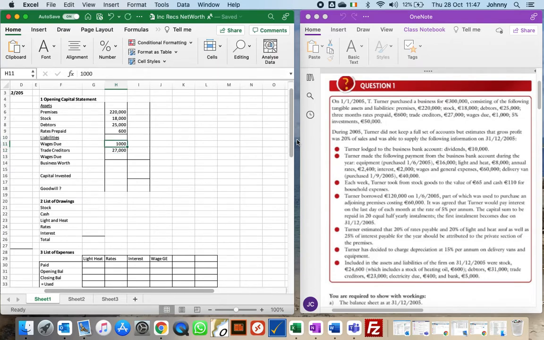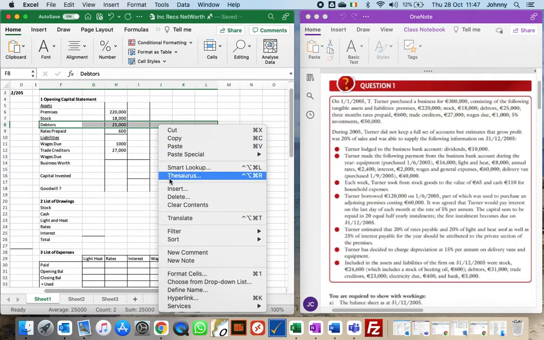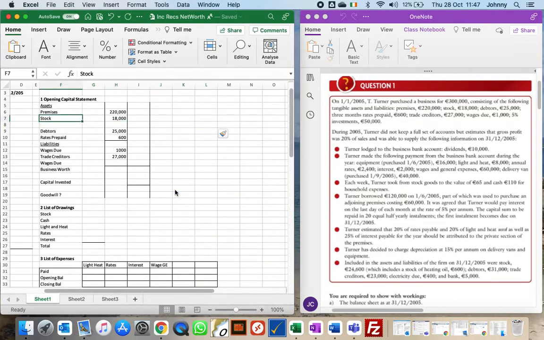5% investments, 50 grand. Well, that's another asset, so I'm going to squeeze that in here. And in the back of my mind, I'm going to have to remember that I will have income from that.